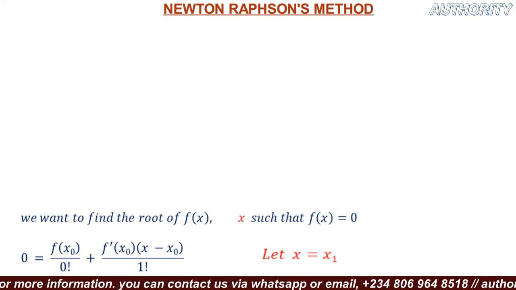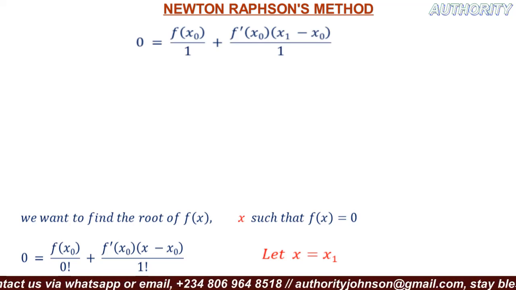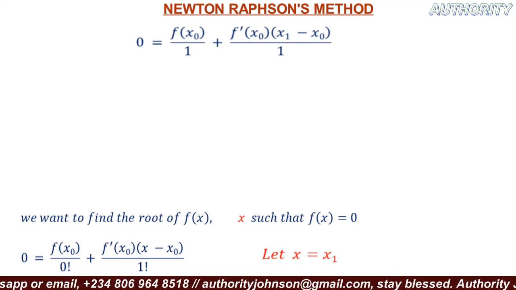So we have 0 is equal to f of x naught all over 0 factorial, which is 1, plus f prime of x naught times x1 minus x naught all over 1 factorial, which is the same 1, right?